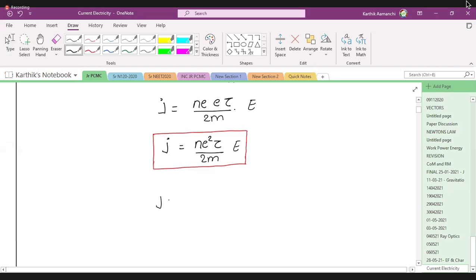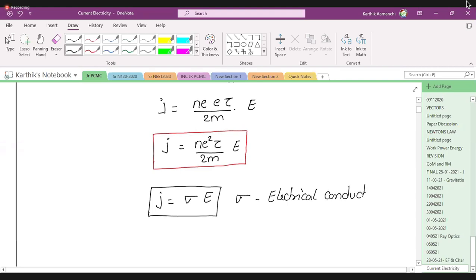J is equal to sigma into E, which is very important, where sigma is called as electrical conductivity, and sigma depends on the nature of the material.